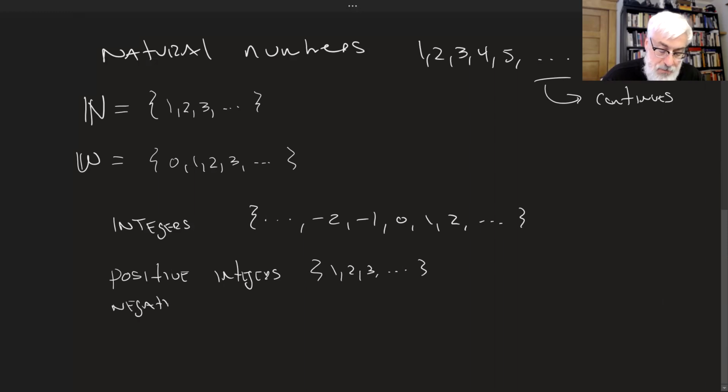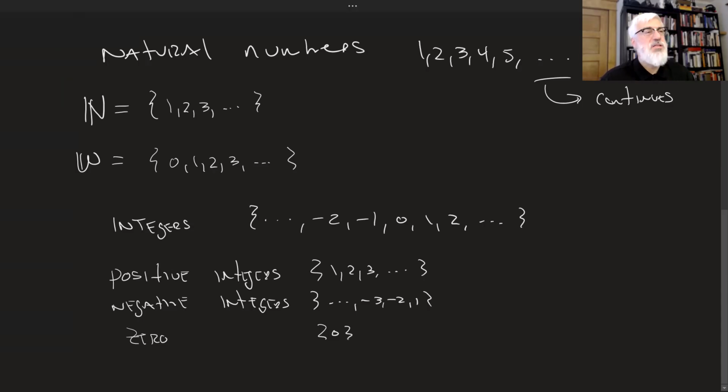Negative integers, which will be -3, -2, -1, and of course 0, which is just a set that has 0 in it. So positive integers are basically the natural numbers as we defined them, with 0, which gives the whole numbers, and then the negatives of the positive integers.